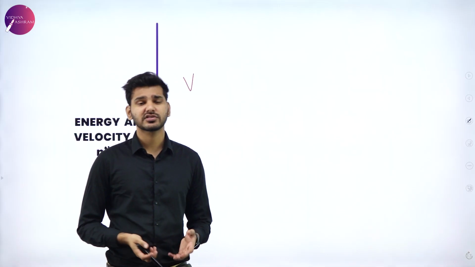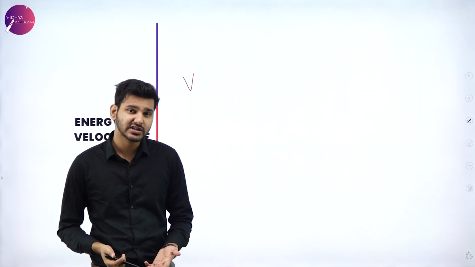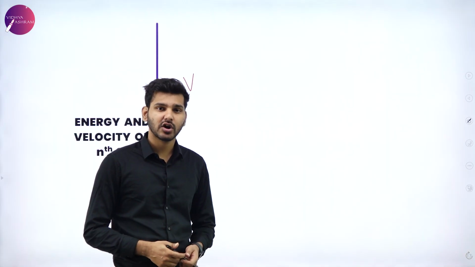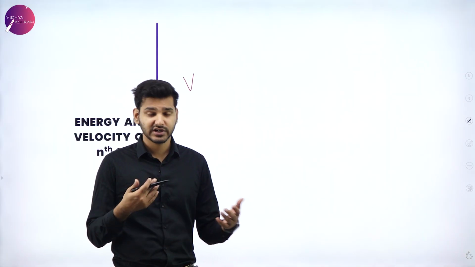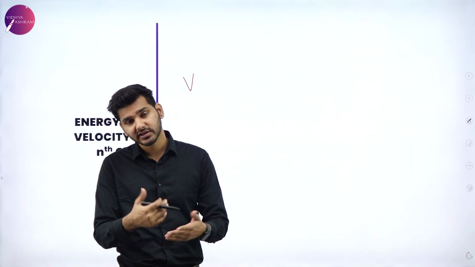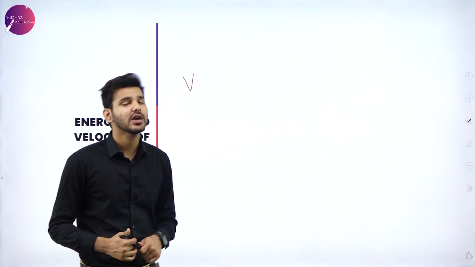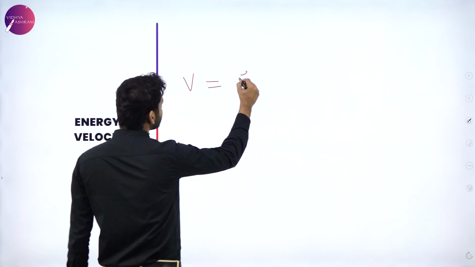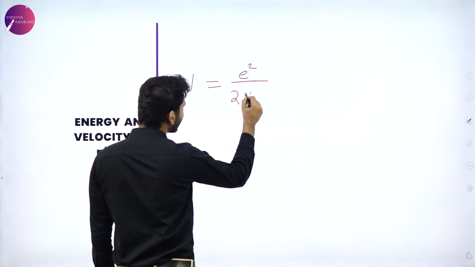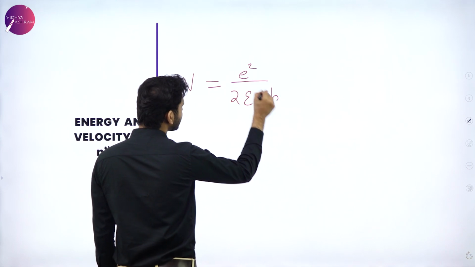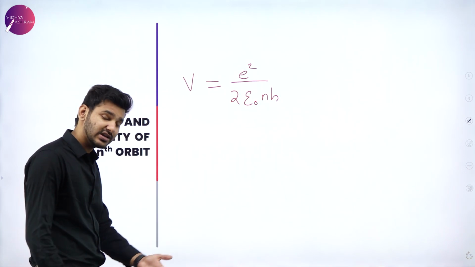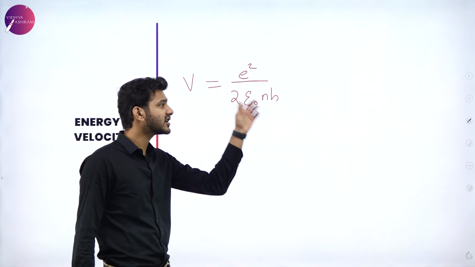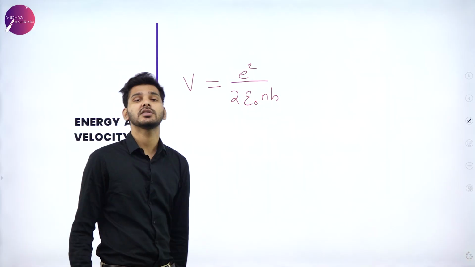Similarly, we can also use this equation to find the velocity and energy of the nth state orbit. Again, you don't have to know the derivation, you just need to remember the equation, which states that the velocity is given by e square by 2 epsilon naught n h. If you look here also, the same relation forms: all the other numbers are constants except the principal quantum number.